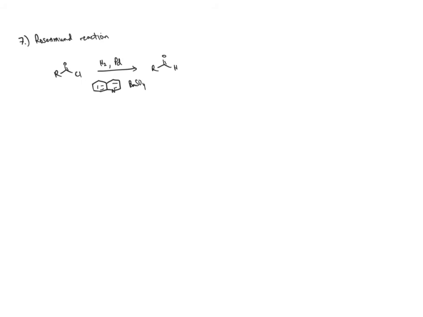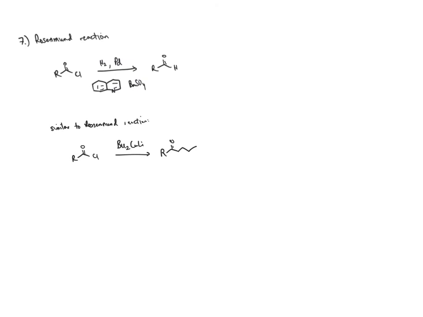We won't really go through the mechanism of this reaction, but what I do want to talk about is a reaction that is similar to the Rosenmund, because you can think of the Rosenmund reaction as a reaction that has a hard nucleophile involved. You can take an acid chloride in the presence of what's known as a cuprate, and you can generate the ketone.